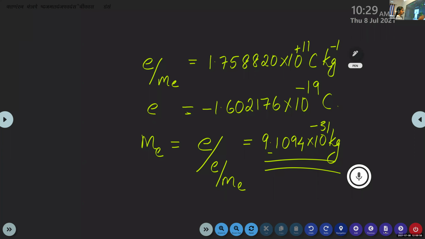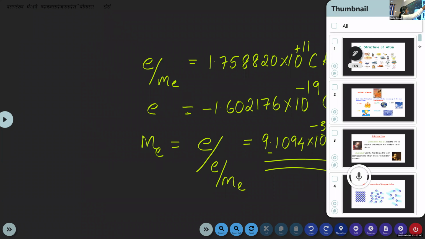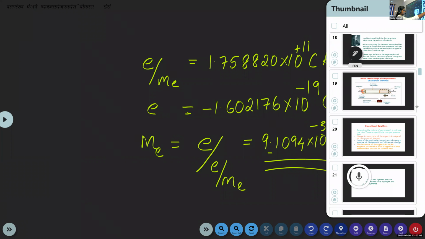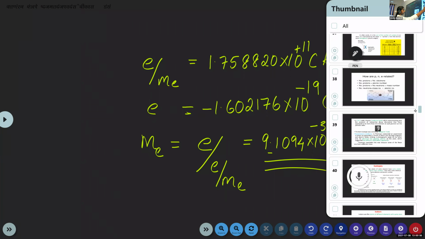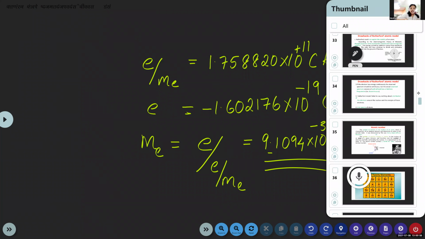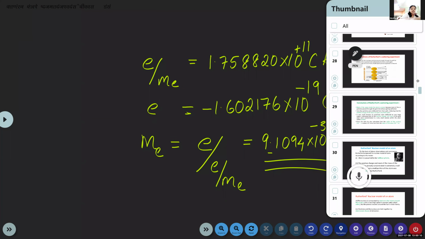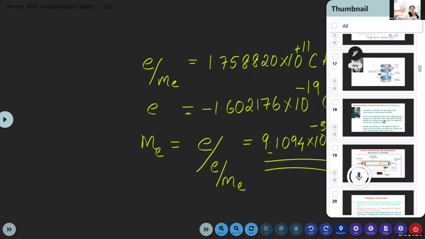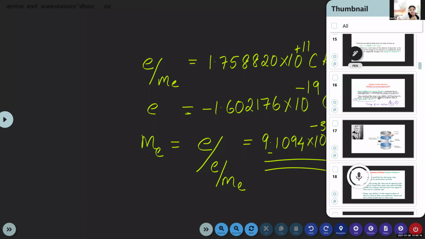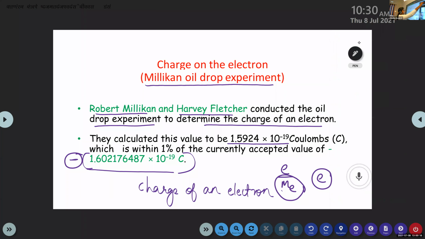Any doubt? Anyone? Ma'am, can you show me the previous slide? Which one? About Robert Millikan? Okay, sure. This one, right? Nimida?